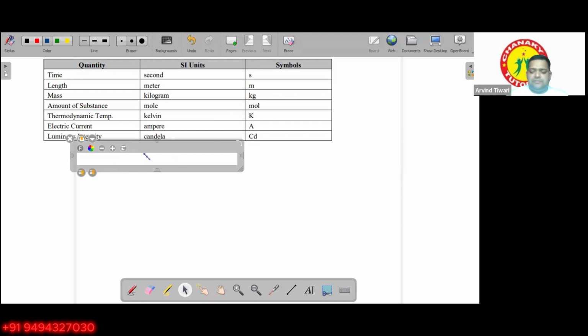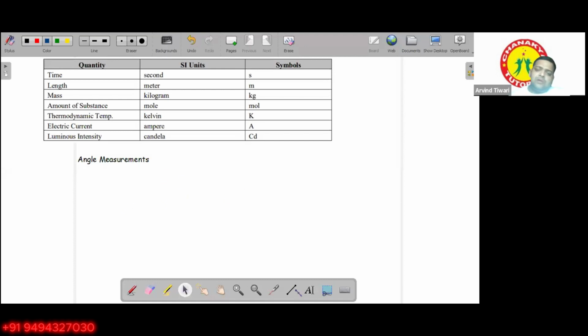So here, angle measurements. What are the different angle measurements? Up to now we have studied the measurement of the angle. How do we measure the angle?